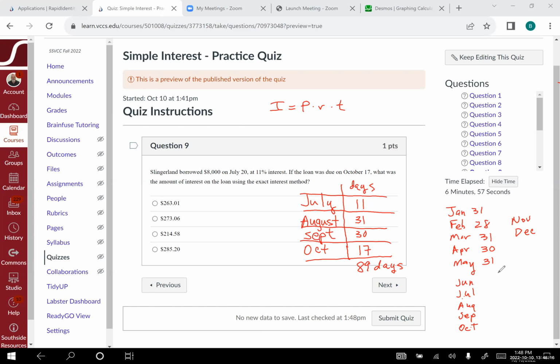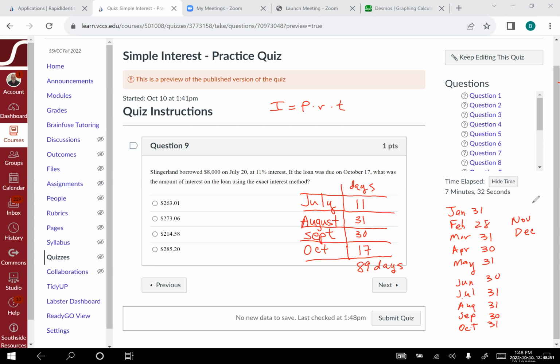Yeah, I think it is. 31, and 30 in June, 31 in July, 31 in August, 30 in September.